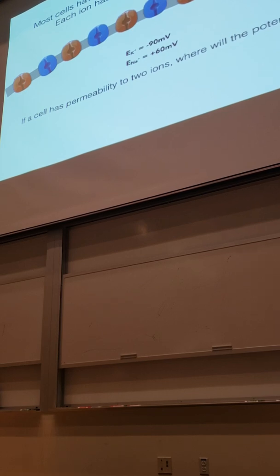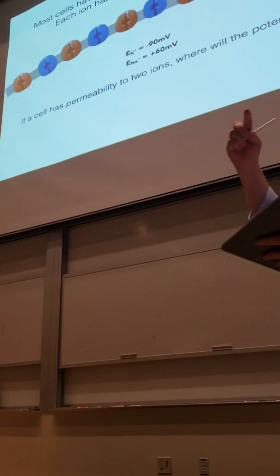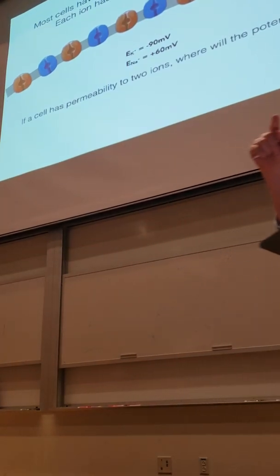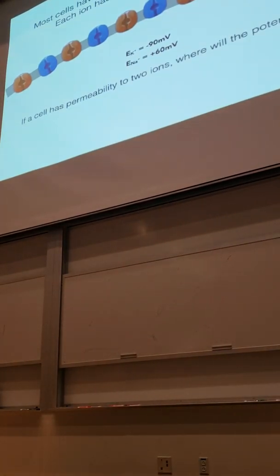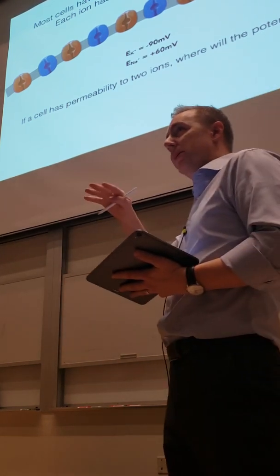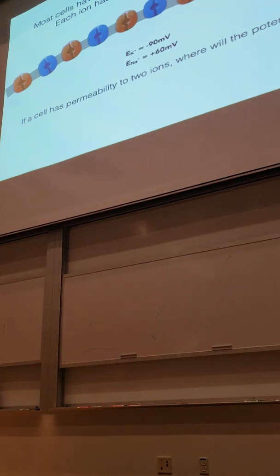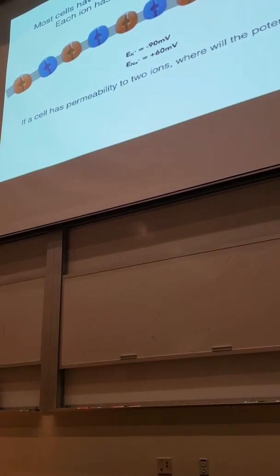That's somewhere between minus 90 and plus 60. Where that is, it's not the halfway point, unless it's 50-50 permeability. Where that in-between value is, where we have these two things happening in opposition to one another, is much closer to the potassium side, because there's much more permeability to potassium.